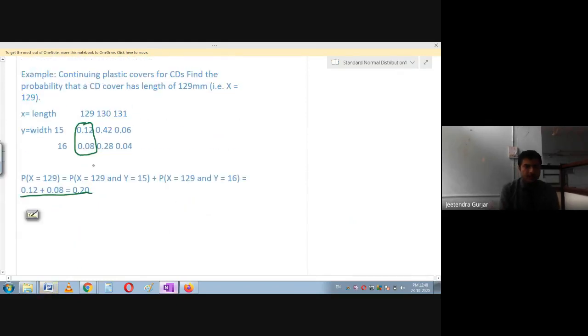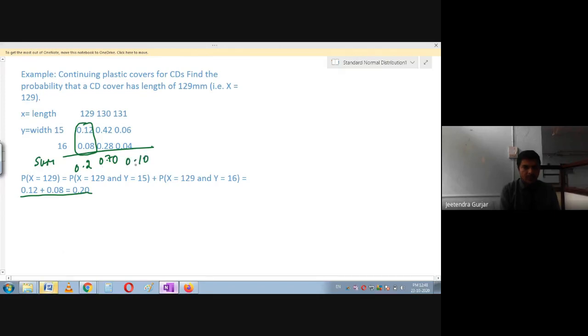It means if you sum all for 129, we get here 0.2. Similarly, you can add this, and I think you are going to get 0.70. Similarly, what will be this? 0.10.